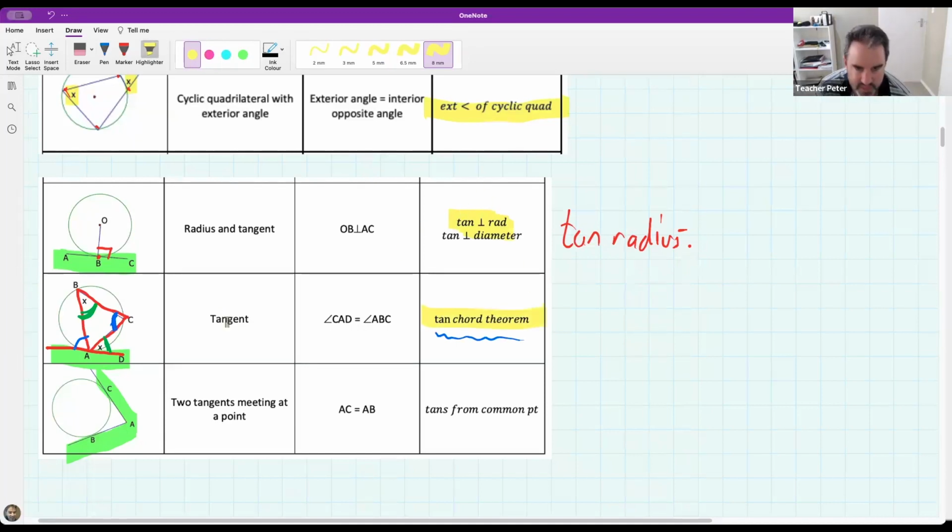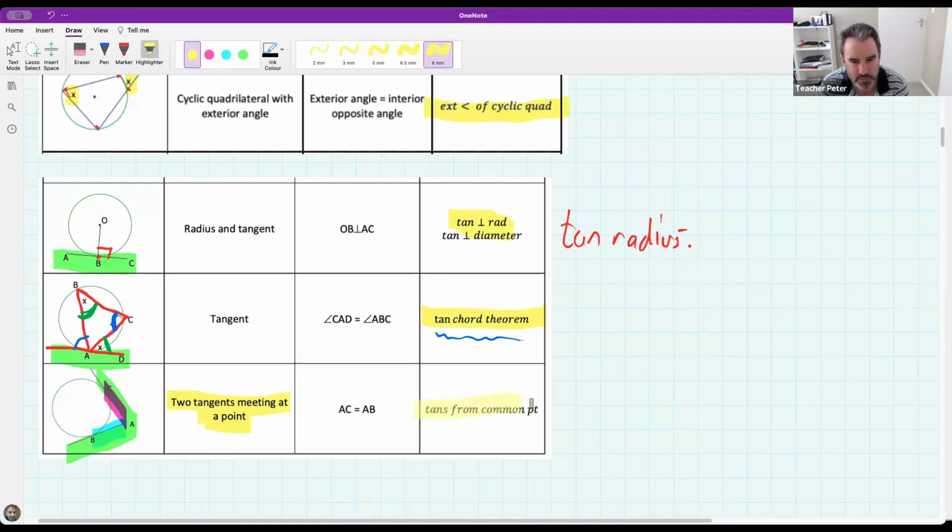And then the last one about tangents that we need some awareness of is that if you have 2 tangents meeting at a point, then the lengths from the point of tangency will be equal. So the blue is equal to the pink. If you have tangents from a common point, it forms an isosceles triangle.